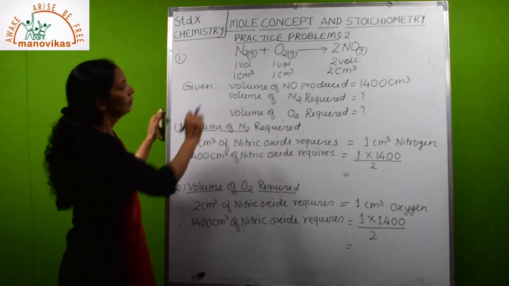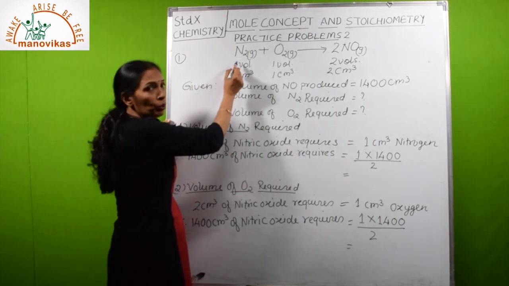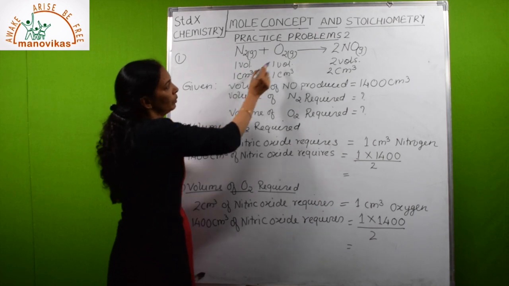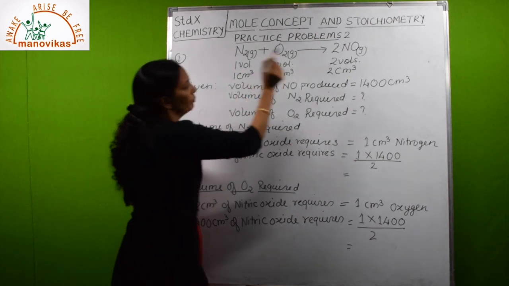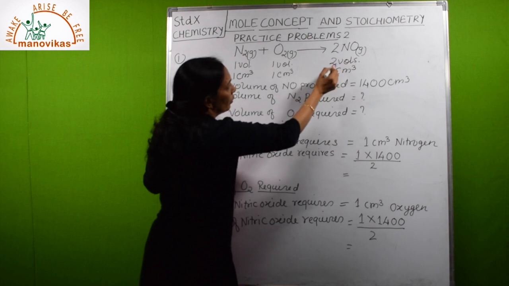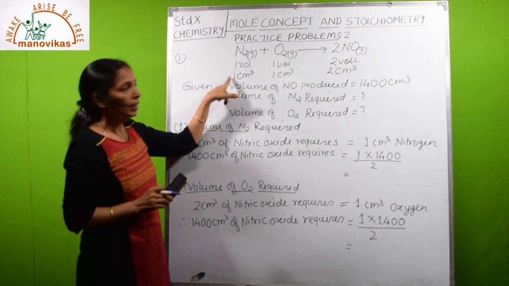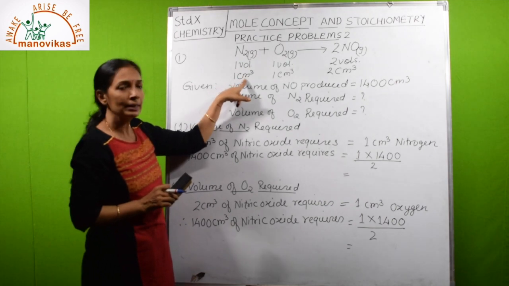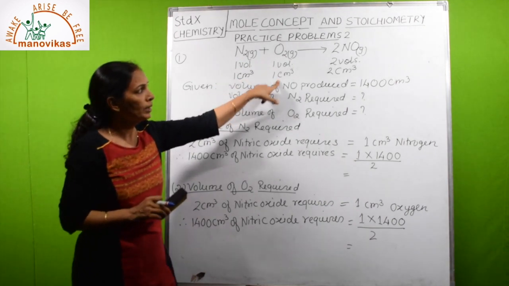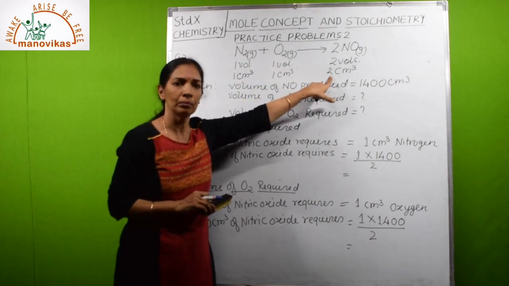Before that, see here, N2 is only 1, so 1 volume; O2 is 1 volume; 2NO is 2 volumes. Similarly, like earlier sums, 1 volume we can write as 1 cubic centimeter, and here 2 cubic centimeters.